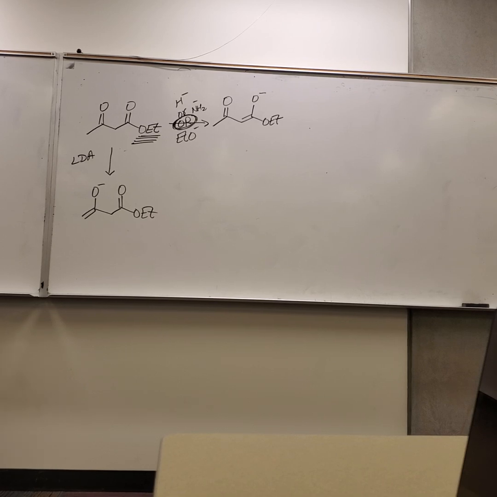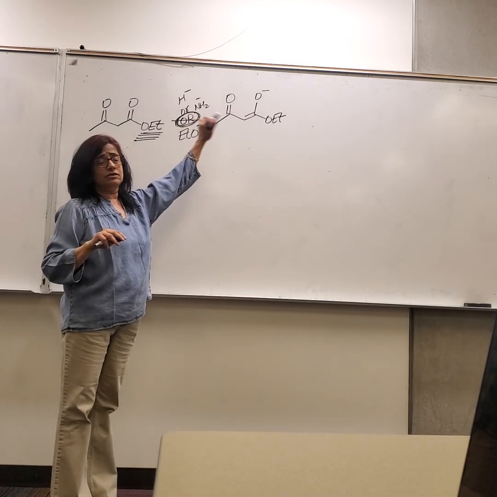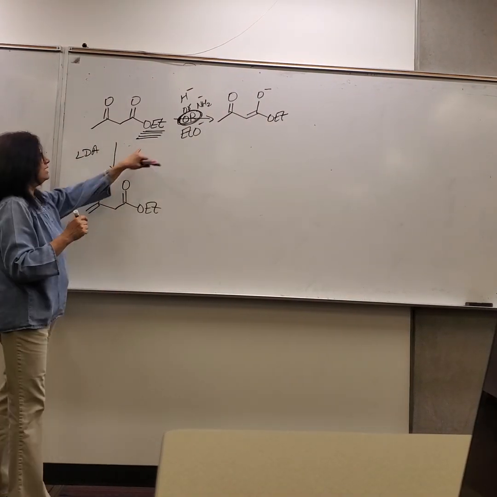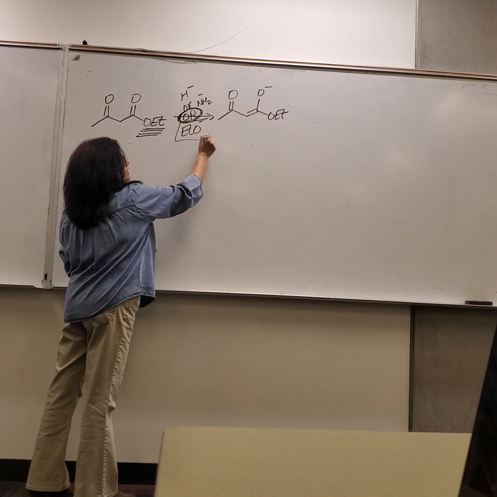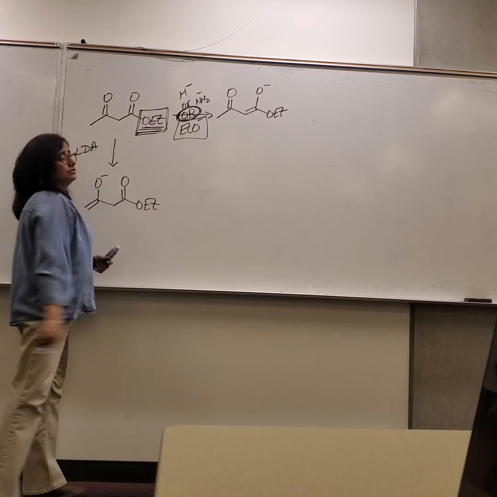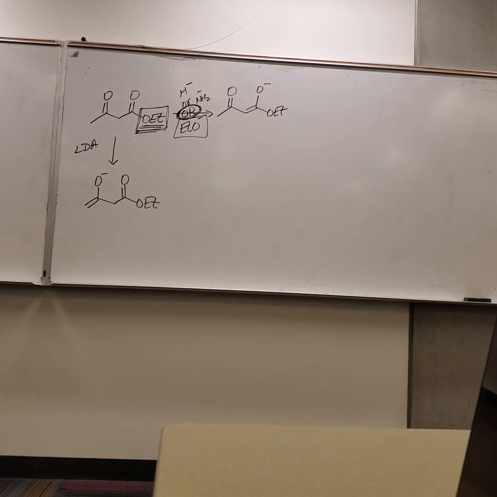So let's just do ethoxide, and that's going to give us the thermodynamic enolate, not the kinetic enolate. Now, why am I underlining that? Because the RO minus matches whatever this is. Otherwise, something else might happen that we didn't intend to happen, so that keeps things clean.